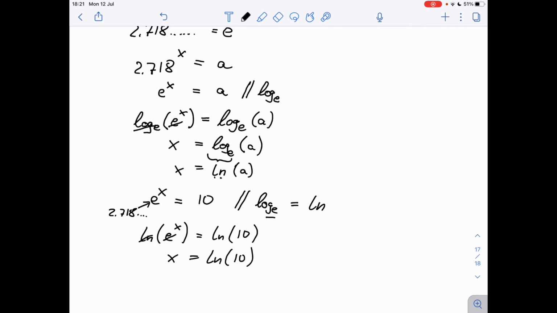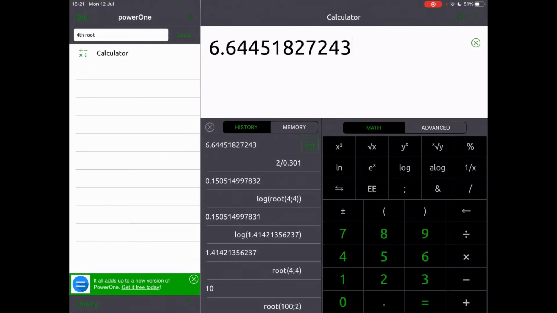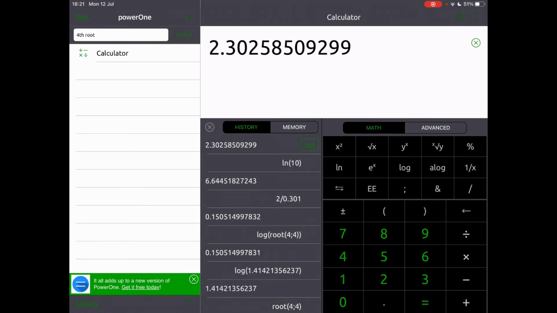Let's see what this gives us when we go to our calculator. So here is the calculator, and we have a key, ln here, 10, close the brackets, and this gives us 2.303.